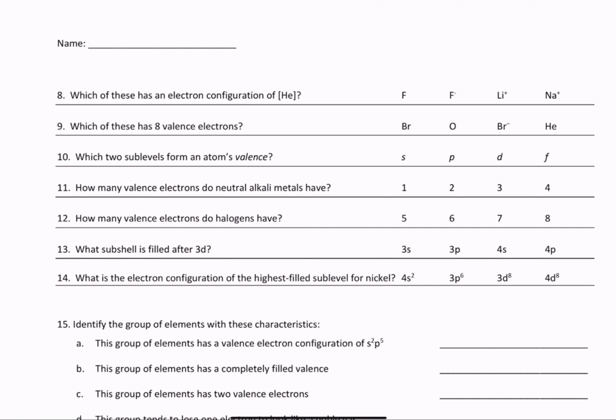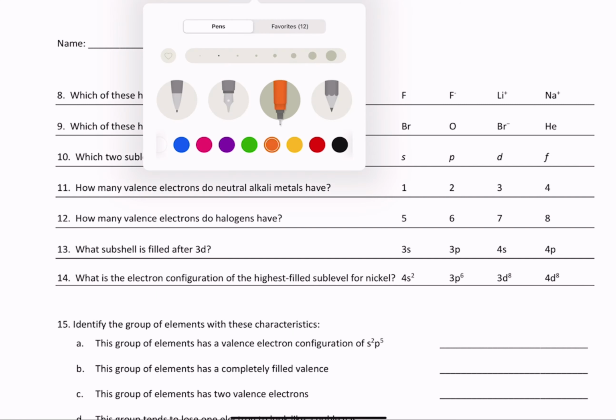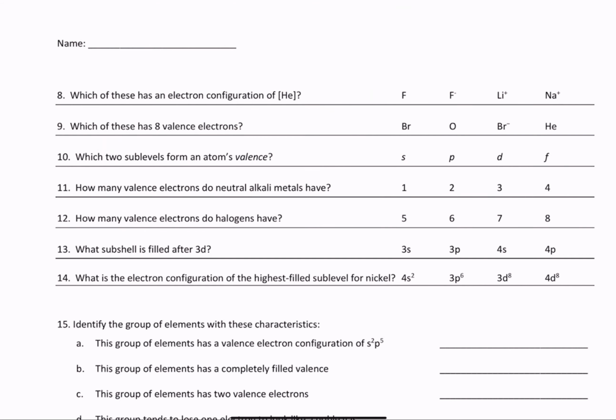Which of these has an electron configuration of bracket helium? So what is bracket helium? Bracket helium has 2 electrons. It's the 1s2 with 2 electrons. So let's take a look. Fluorine has 9 electrons total because the atomic number of fluorine is 9.